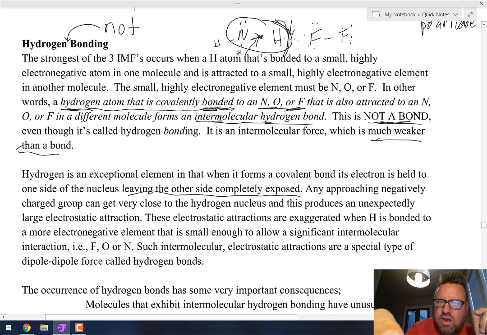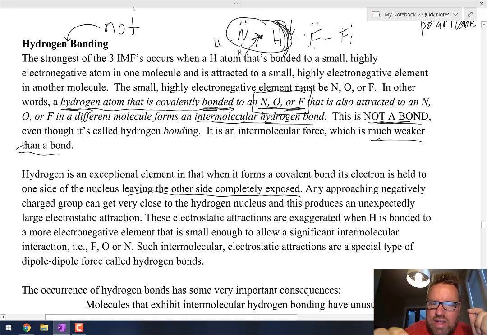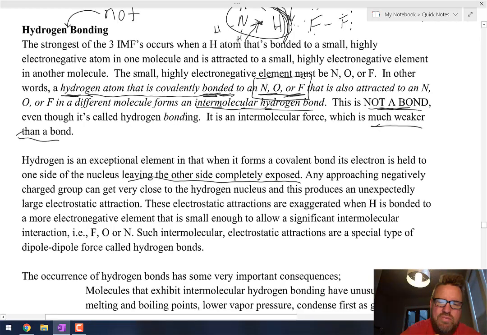So any negative group, fluorine for example, that can get close produces a really, really strong electrostatic attraction, okay? And it especially happens when the other element is really, really electronegative. So that's why it has to be N or O or F in order for it to be considered a hydrogen bond, okay?